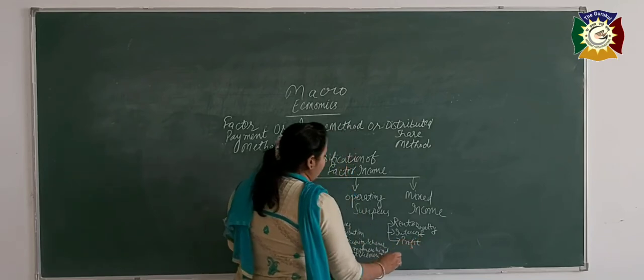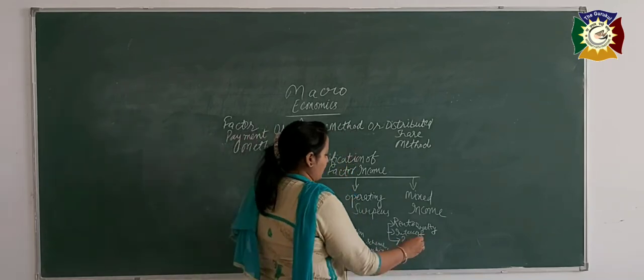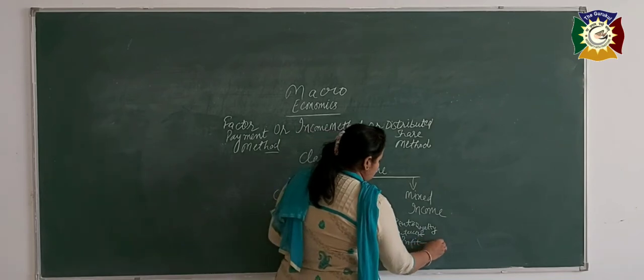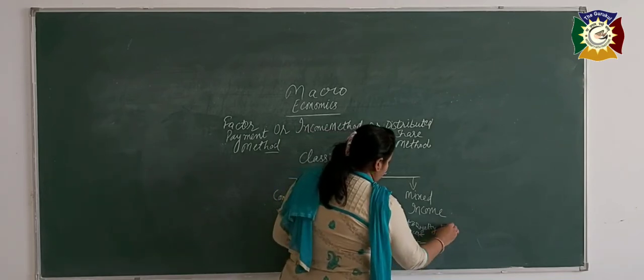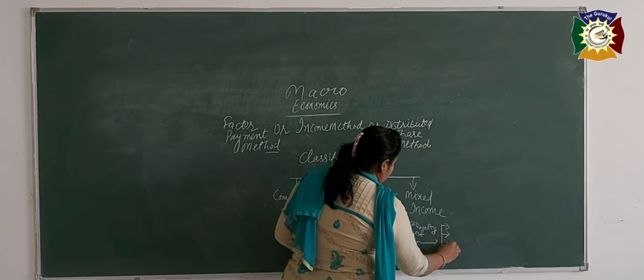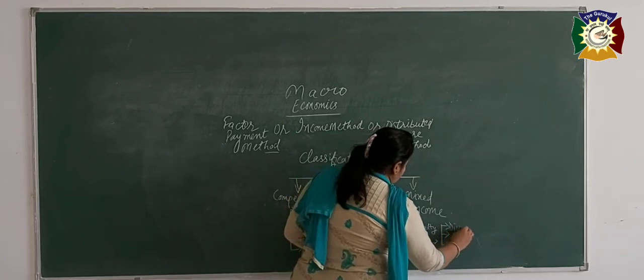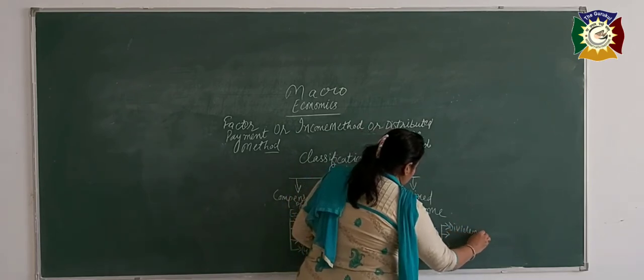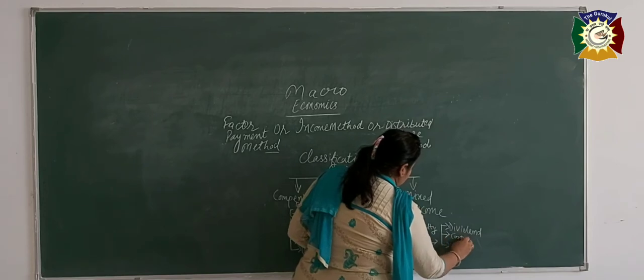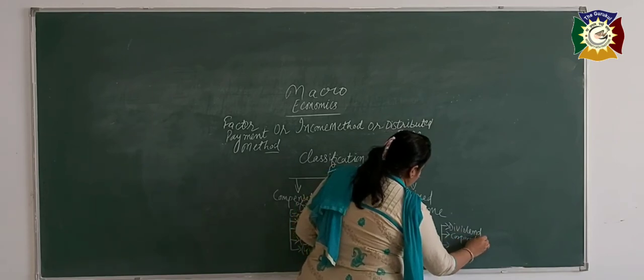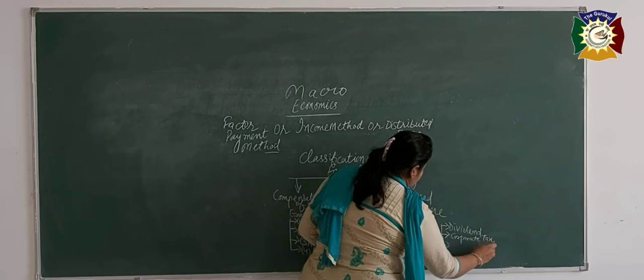Profit is further divided into three parts, that is dividend, corporate tax, and corporate saving.